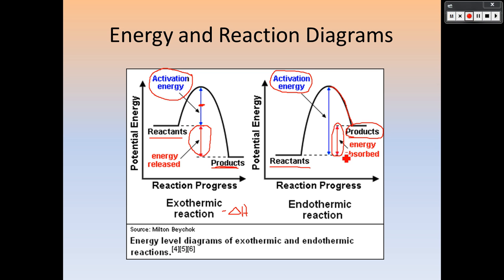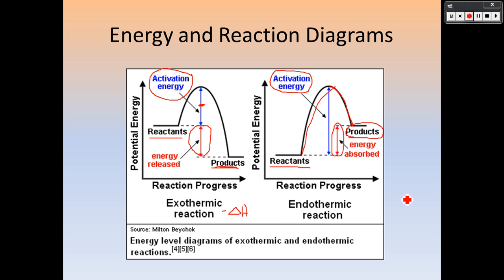So in both cases, it took energy to break those reactants apart, and then energy was released upon formation of the products. But in the first case, once the products were formed, they were at a lower energy than the reactants had been. Therefore, they released energy, and delta H was negative. Here, however, the products were at a higher energy than the reactants, so this much energy was absorbed, and so delta H was positive.